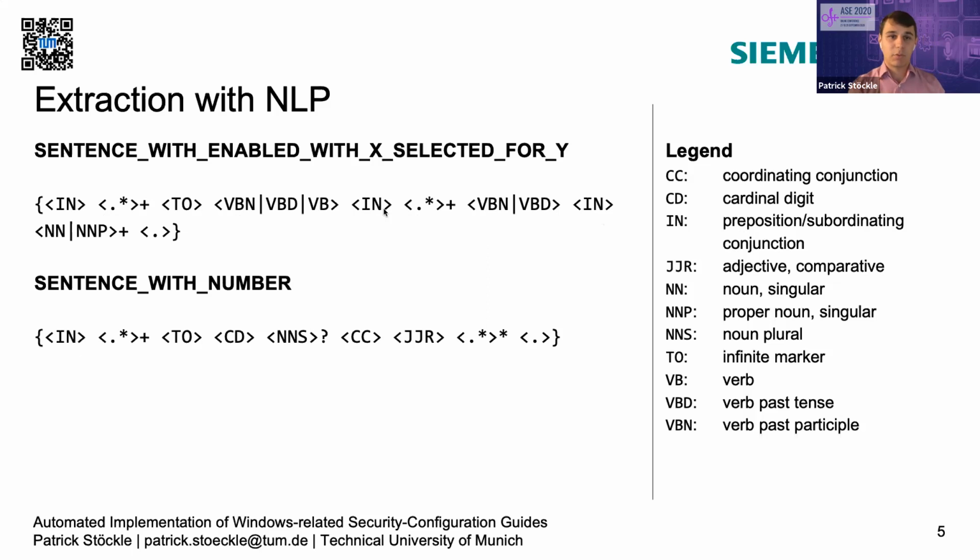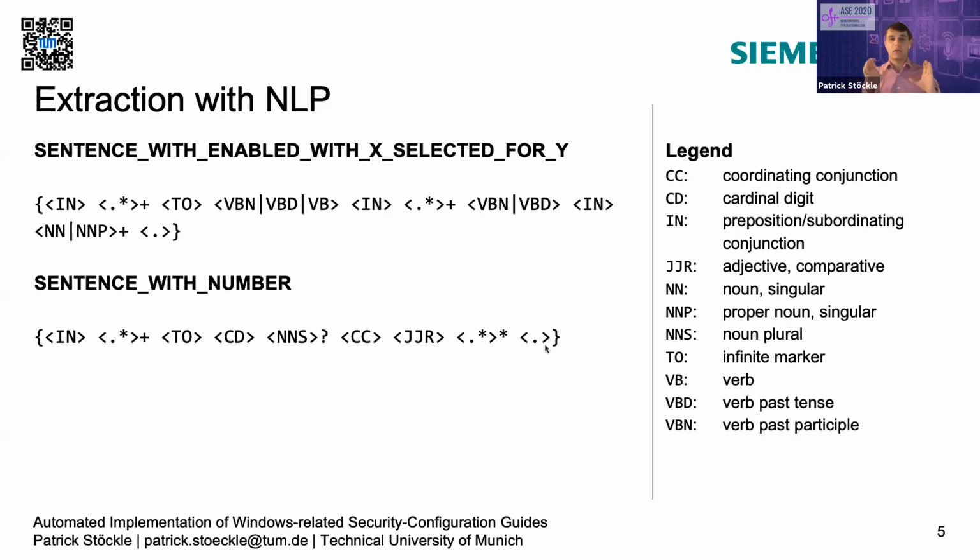Then we have another preposition, arbitrary input again, a verb in past tense or a past participle, and some preposition, some nouns, followed by a dot in the end. Or another rule is that we have a preposition, arbitrary content, a to, some cardinal digit, some noun in plural, coordinating conjunction, some adjective in the comparative, arbitrary content, and a dot.